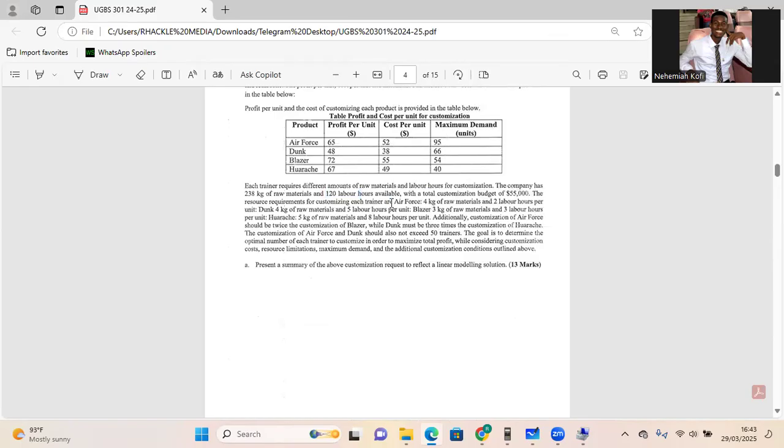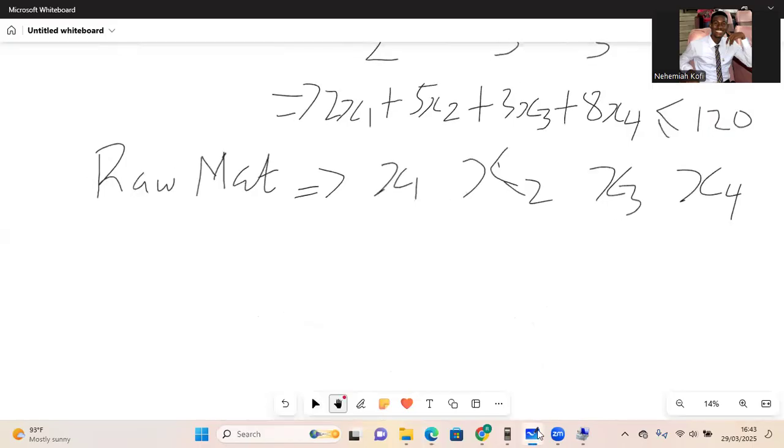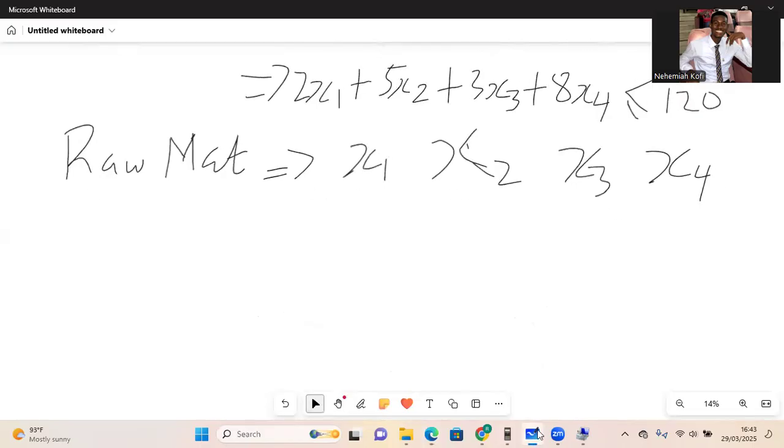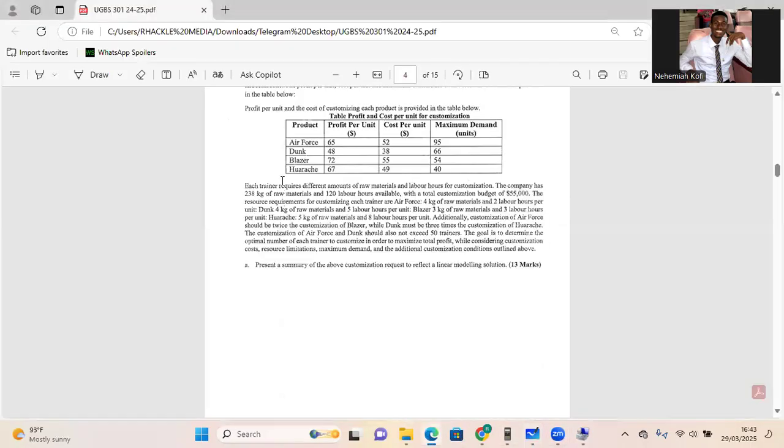So Air Force is having what? 4 kg of raw material. So 4. Now the next one, Dunk, is having what? 4 kg, also 4 kg of raw materials here.